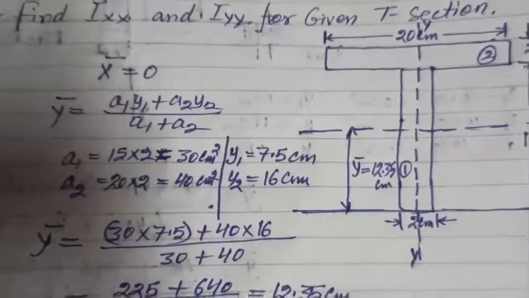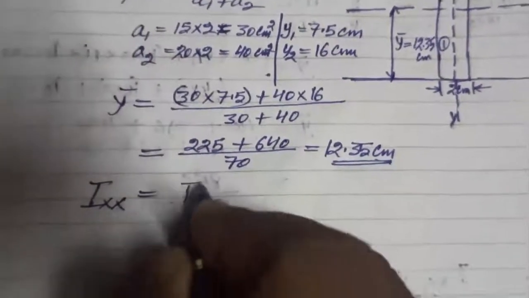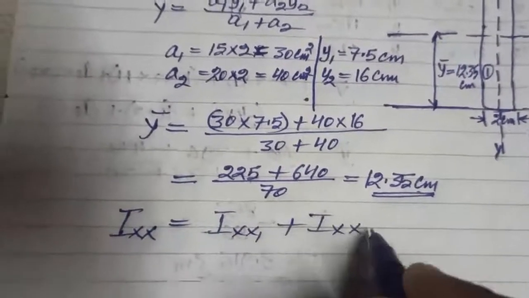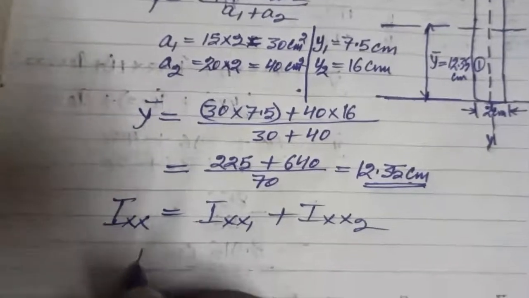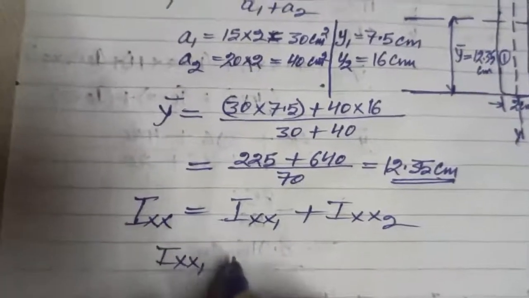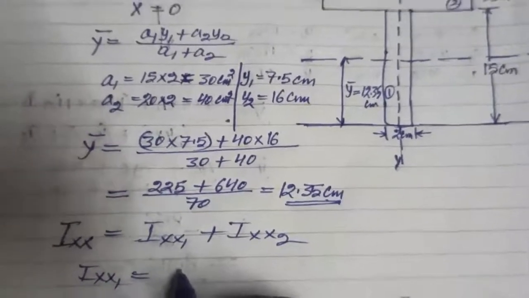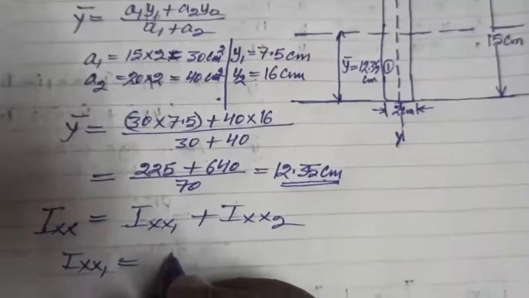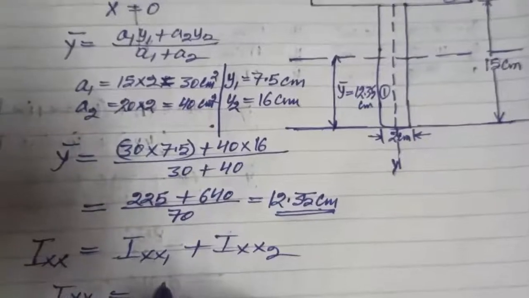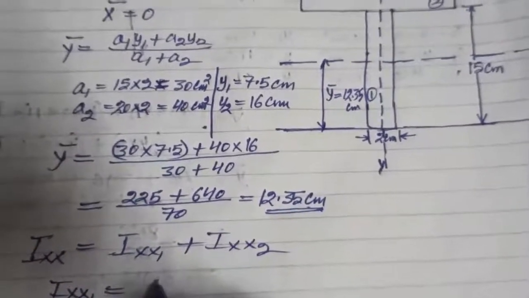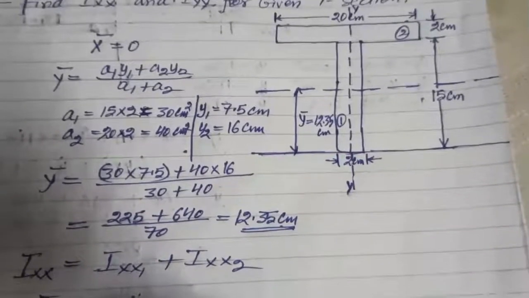So now IXX is equal to IXX1 plus IXX2. Now this IXX1, by parallel axis theorem, for the first part will be equal to BD cube upon 12, B into D cube.